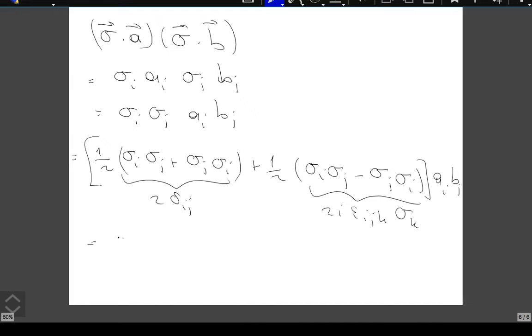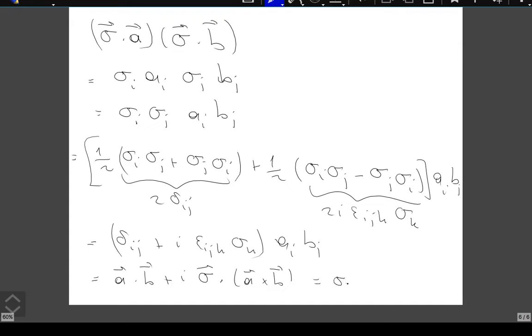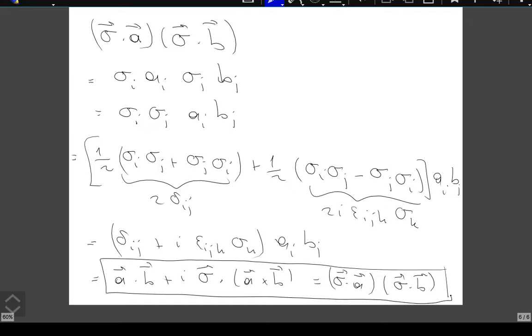So this is equal to (delta_ij + i epsilon_ijk sigma_k) a_i b_j, which is a dot b plus i sigma dot (a cross b). So we have such an identity.